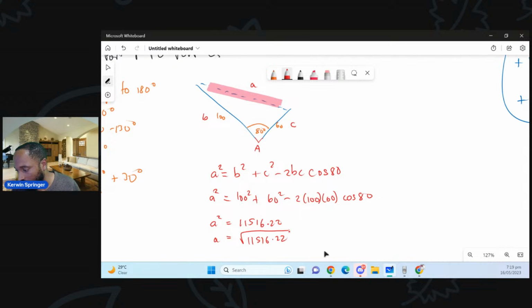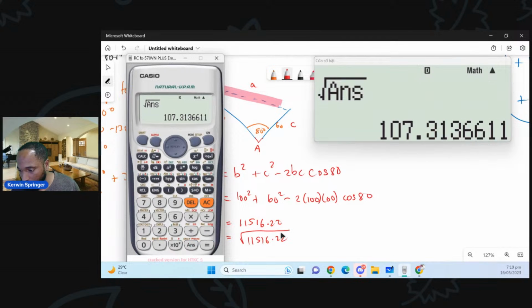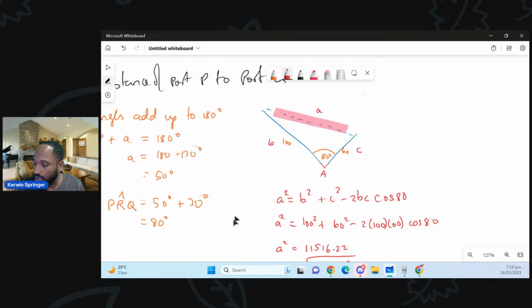I like to find the square root of the full answer that I have. So I put square root of the answer and I get 107.31. A is equal to that, and they will usually tell you how much they want it to. So this is to one decimal place, 4 significant figures here, and it's in kilometers.